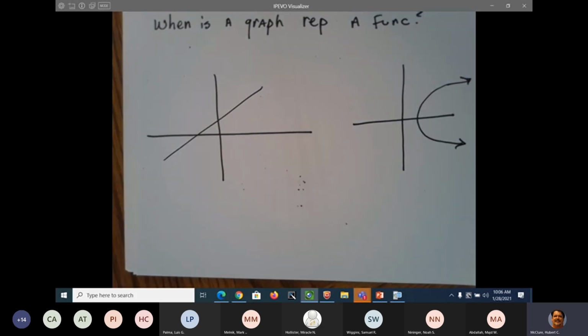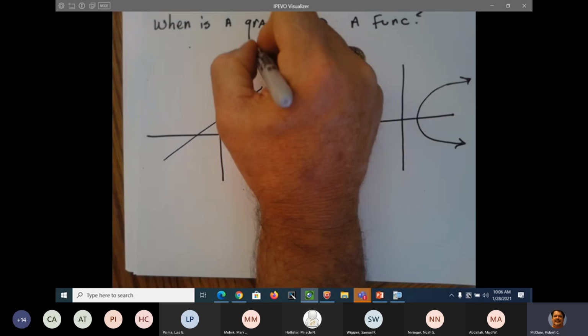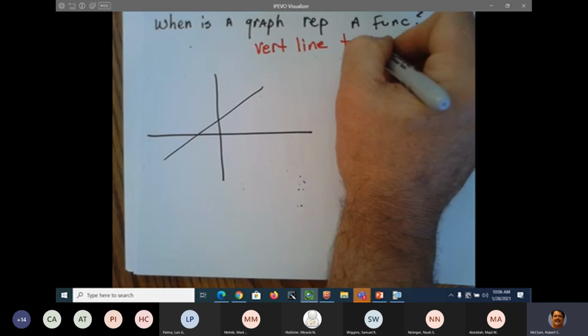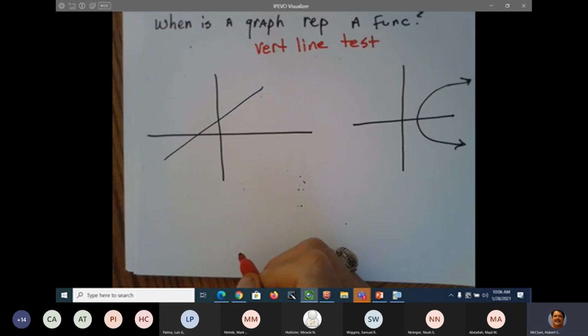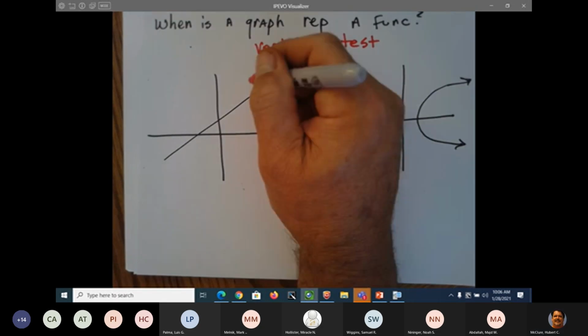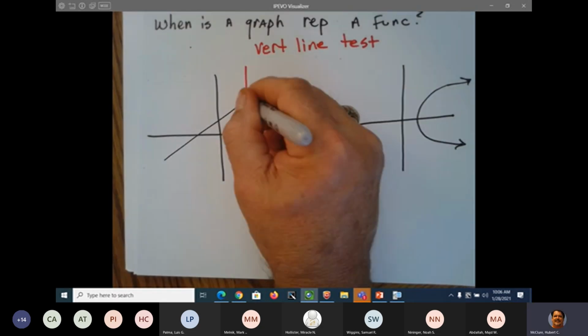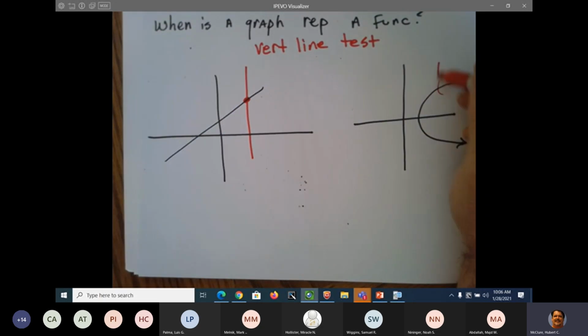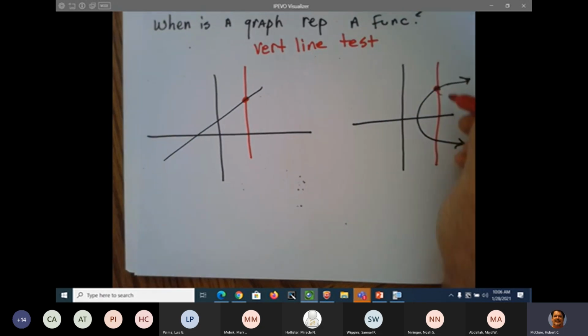Red means highlight, so that means get your highlighters out. Check with the vertical line test. The vertical line test is how you can tell if a graph is a function. There's my vertical line. There's my vertical line.